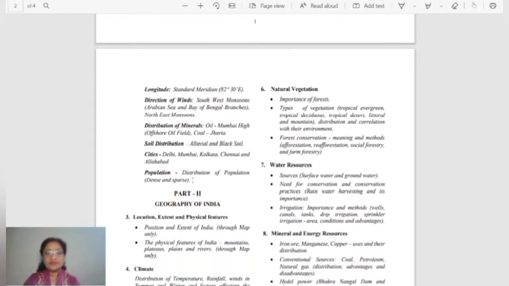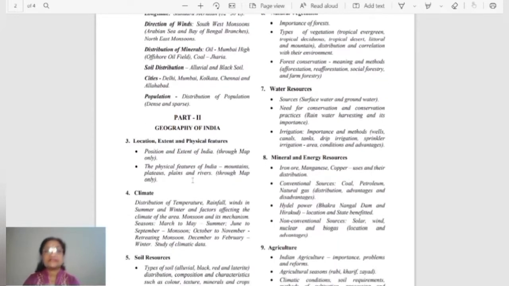Now let's talk about the other parts of our syllabus for the second term, right? Now if you can see here, children, the mineral and energy resources, the 8th unit, which is shown here. Under this, you can see the first thing, iron ore, manganese, copper.